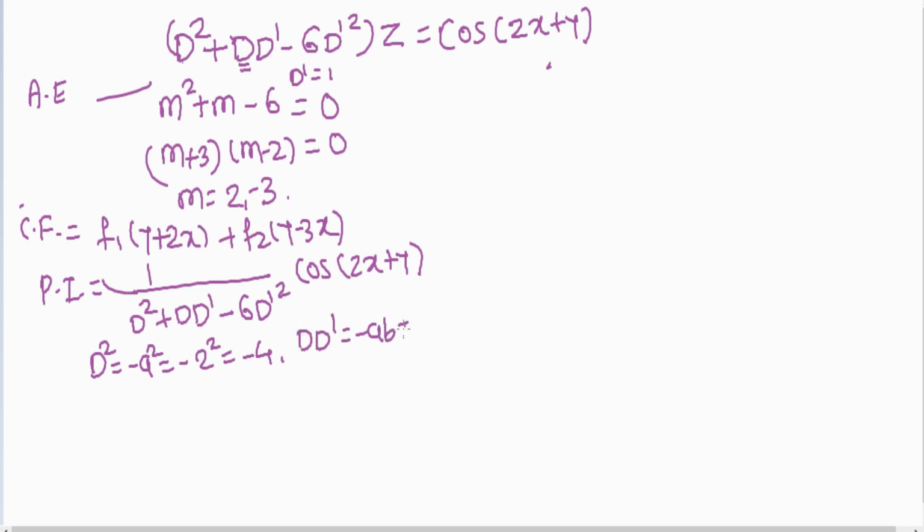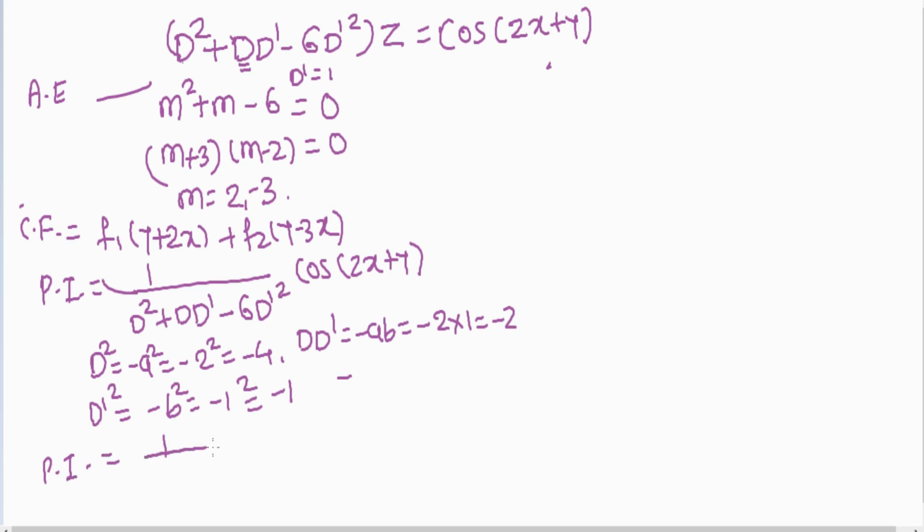D D dash equal to minus ab equal to minus 2 into 1 equal to minus 2, and D dash squared equal to minus b squared, minus 1 squared, equal to minus 1.